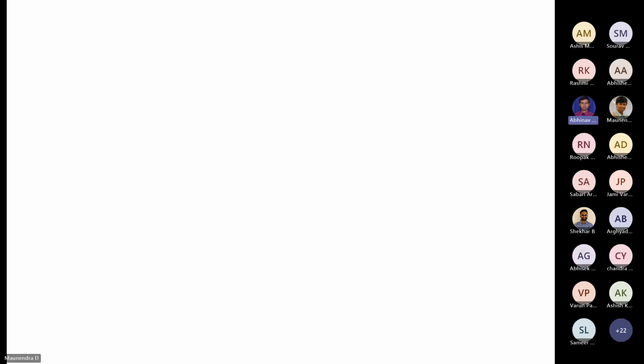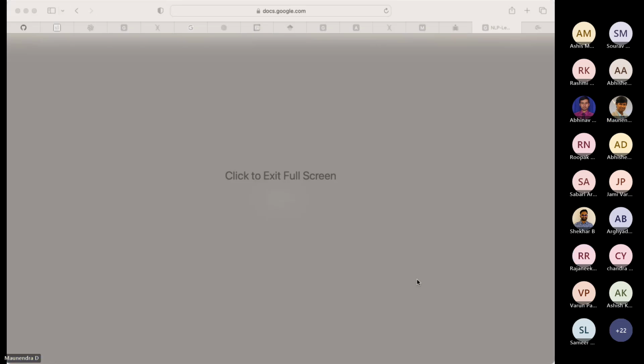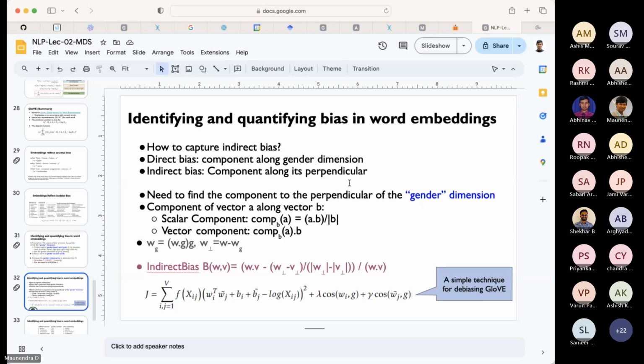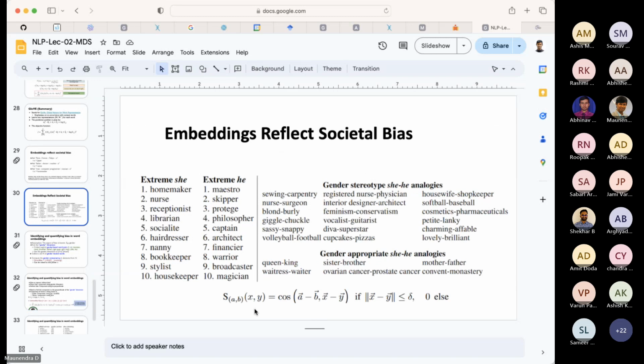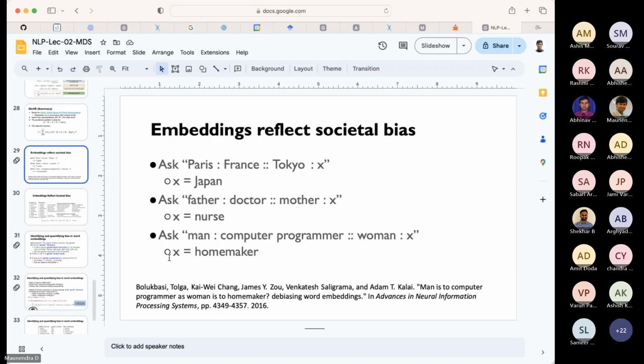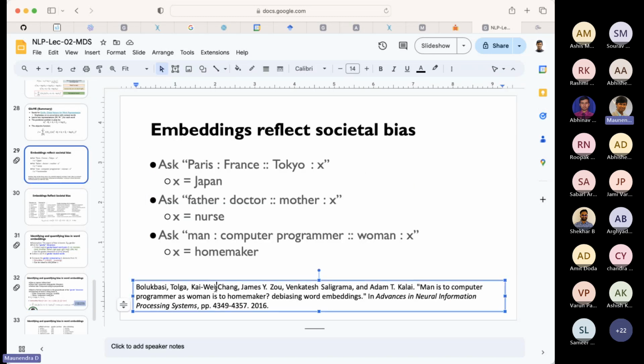White screen, nothing is being shared actually. This one.